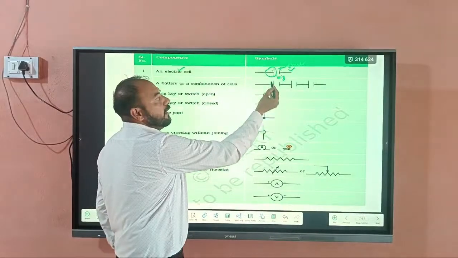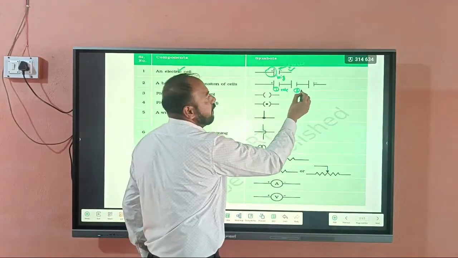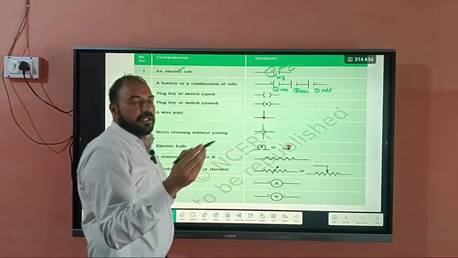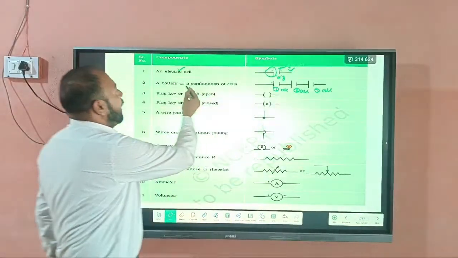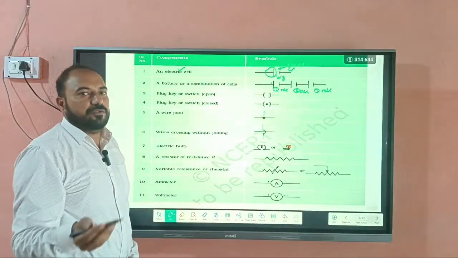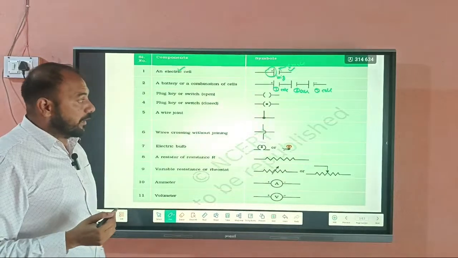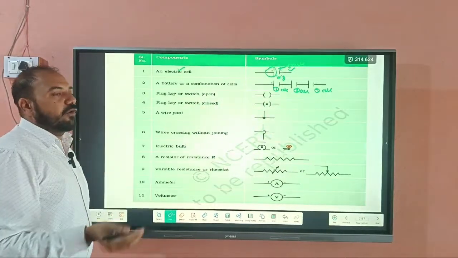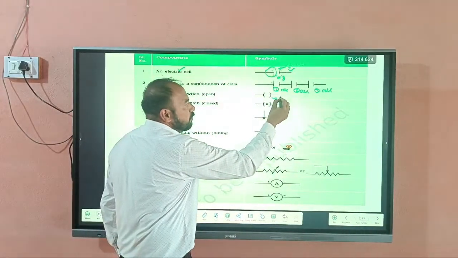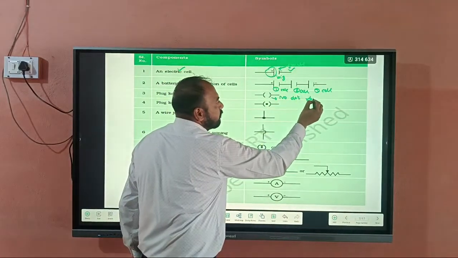When we connect many electric cells in series, for example a first cell, a second cell and a third cell, they form a battery. And this is a switch. A switch is simply an on-off switch, like the ones we use in daily life on an electrical board, which can be open or closed. This is how the open switch is shown.